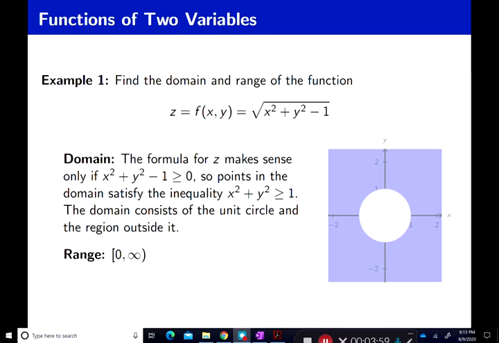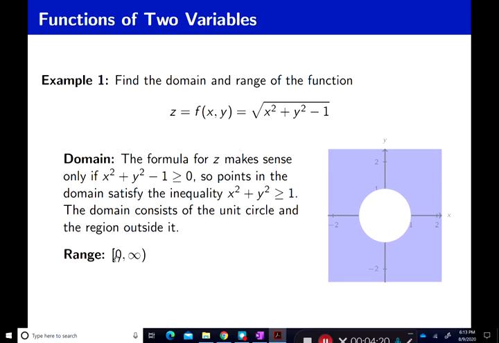Now, what is the output value of any square root function? Square root functions can give only output bigger than or equal to 0. This is why the range of this function is going to be 0 to infinity.